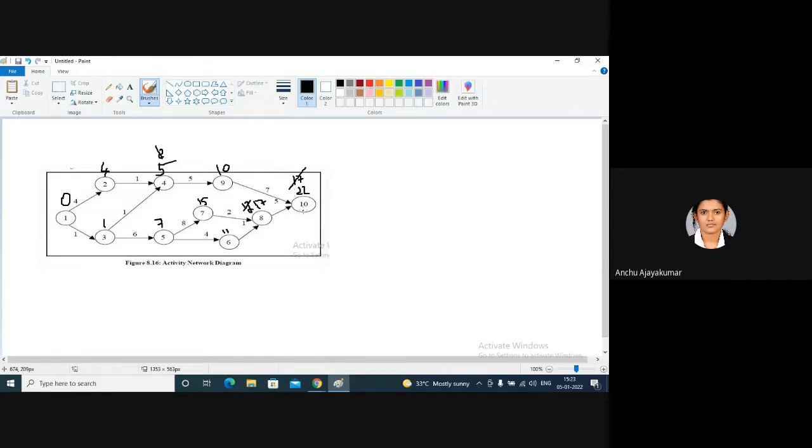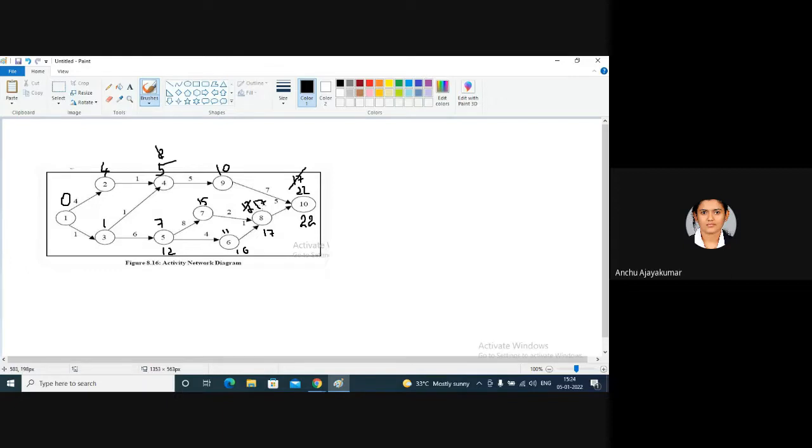For calculation of TL, we do the reverse of the process we have just done. This 22 minus 5 is 17. 17 minus 1, 16. 16 minus 4, 12.